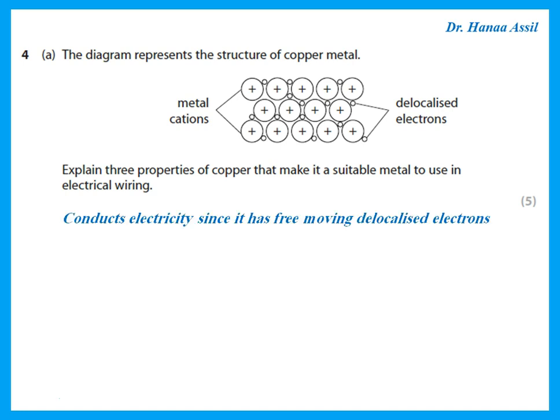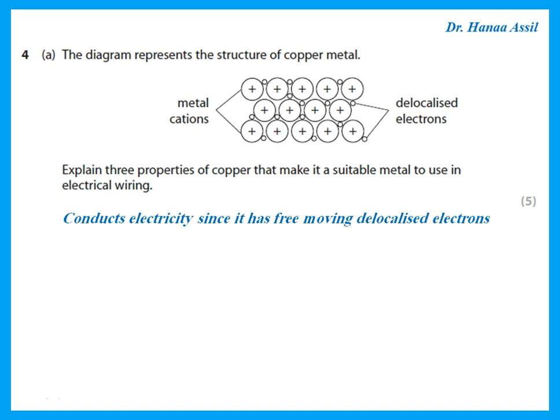Well, we can talk about the fact that they conduct electricity. So why does copper conduct electricity? He says explain. Please do not forget the word explain. Don't just say it conducts electricity. Well, why does it conduct electricity? Because it has free moving delocalized electrons.